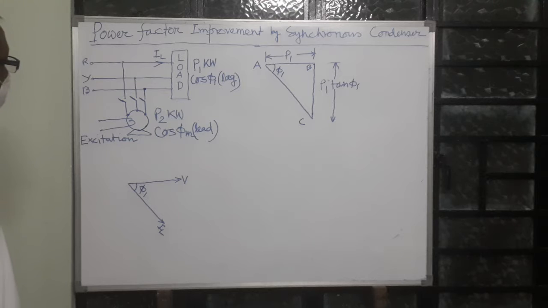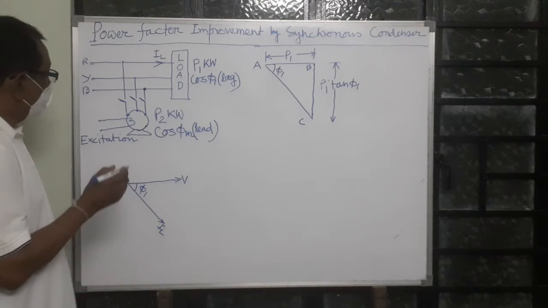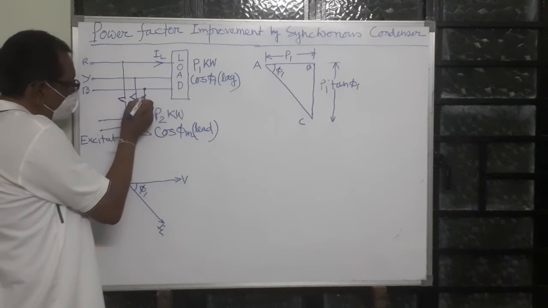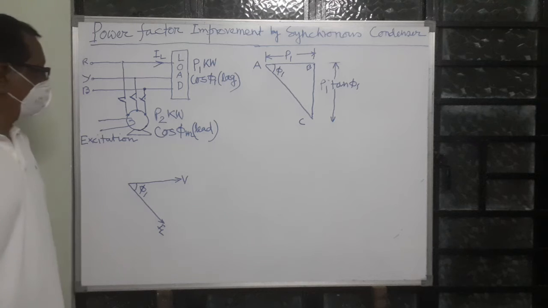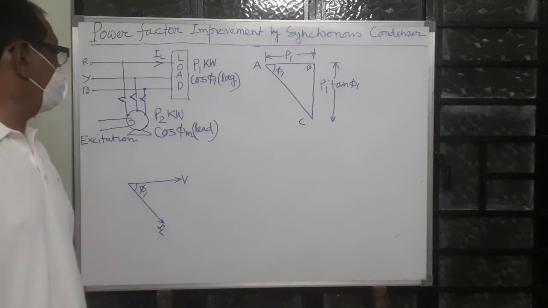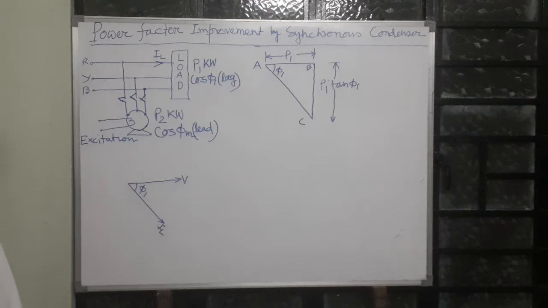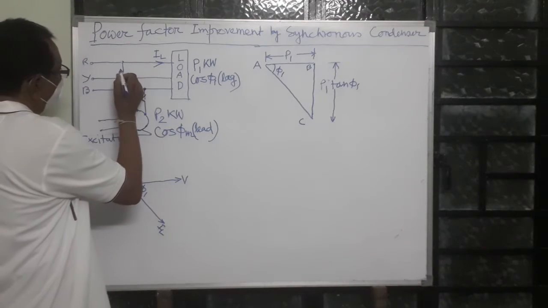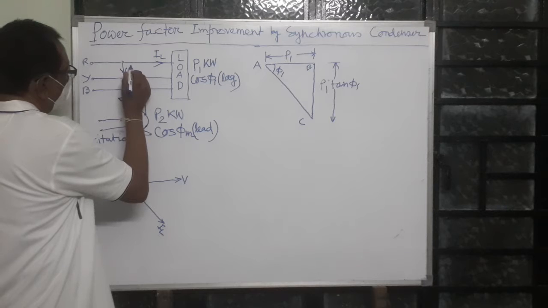Now I close the switch. This is a TPN switch, that is a triple pole switch, which is connected. Let the motor draw a current of IM.